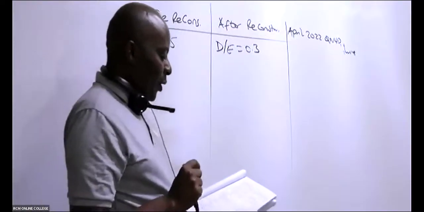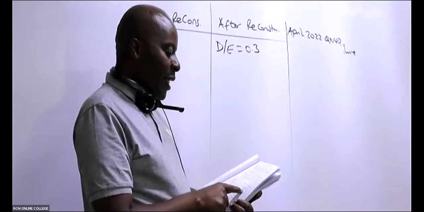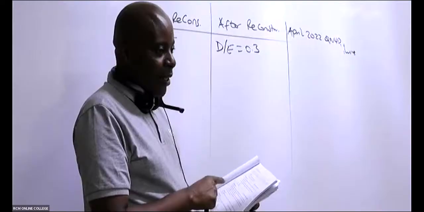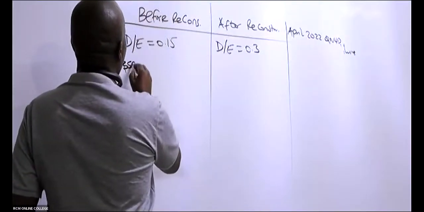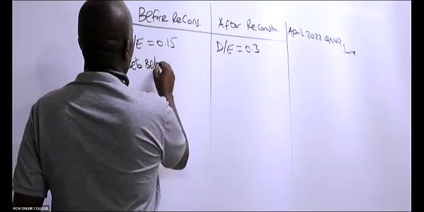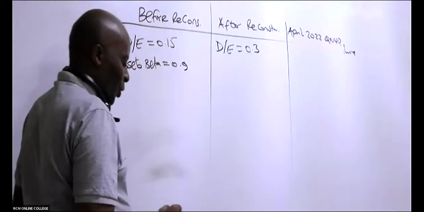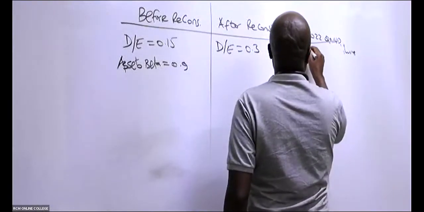Now, ladies and gentlemen, please listen to me very well. You can see the company has an asset beta of 0.9, isn't it? So we have an asset beta of 0.9. Remember, we have our little notes here.